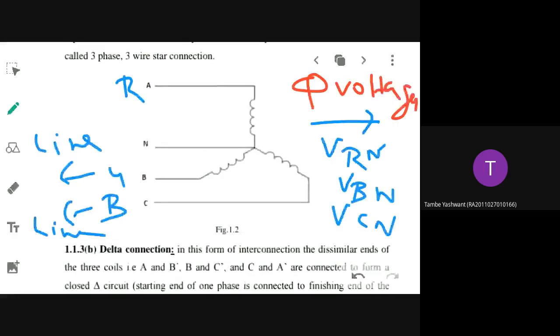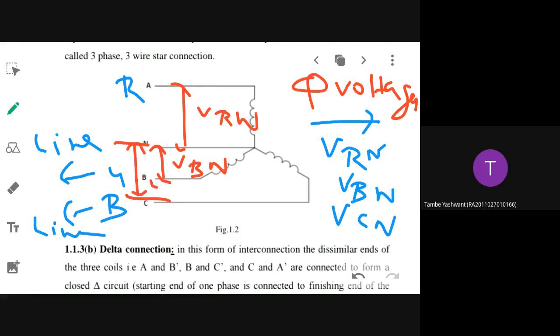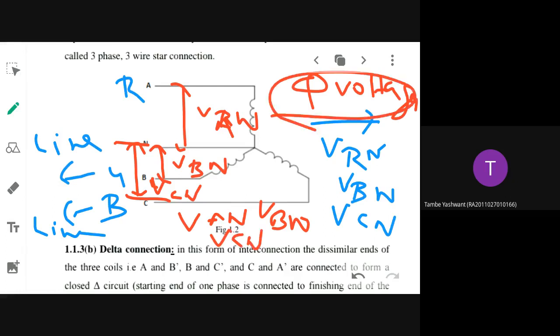R is one phase, Y is one phase, B is one phase. So if I draw VRN, VBN, VCN, or VYN, anyway, VAN, VBN, VCN, all are called phase voltages. Remember this difference.